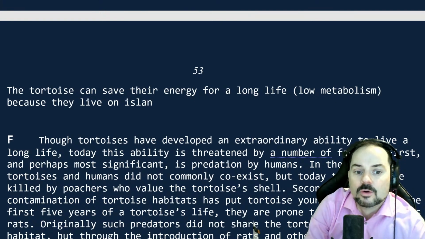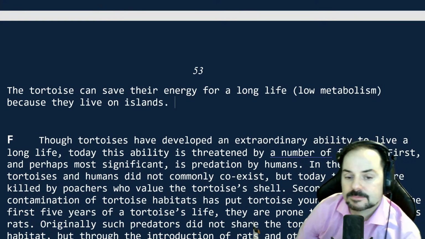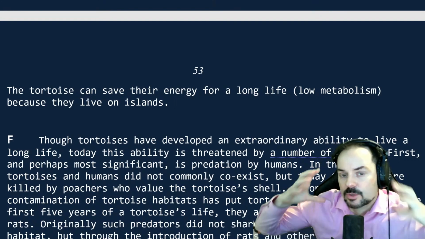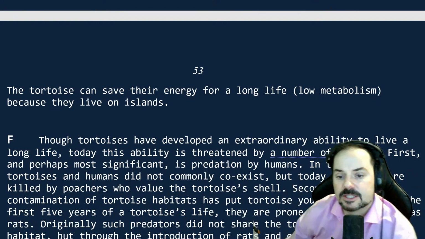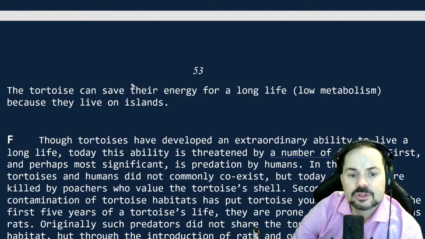Right. Okay, so what do you see, Karina, when you read this? What do you picture? What do you see inside of your head when you read this paragraph? Tortoise live in their island. Yeah, and become the tortoise.